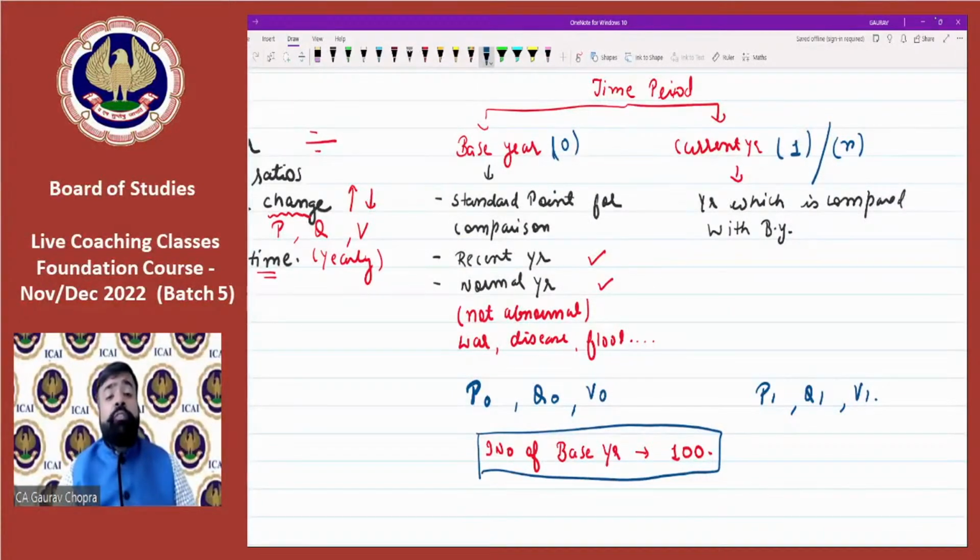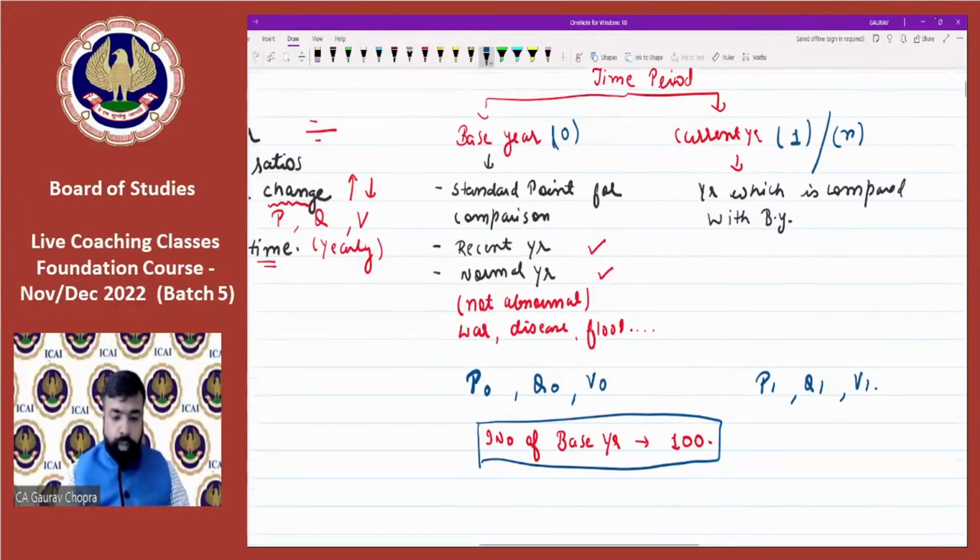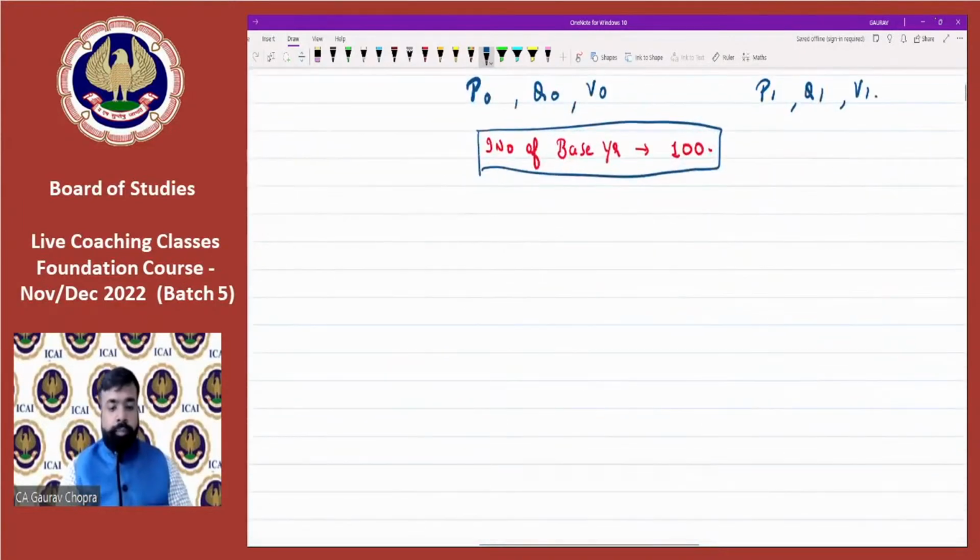So if the base year index is fixed, then we have to calculate index number for which year? For current year. So by default हमें current year का index number calculate करना है. So base year is already fixed. All right. Now we can write it here.